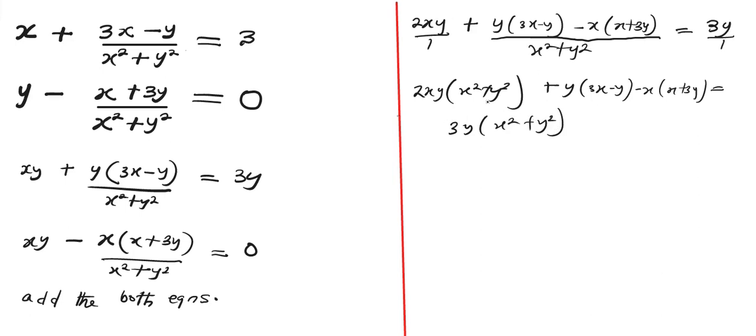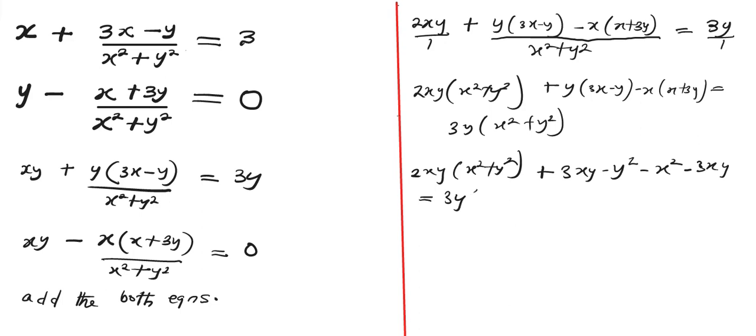The next thing is for us to combine the equations and expand the brackets, okay? So we are going to have 2xy(x squared plus y squared) plus, let's multiply this out, 3xy minus y squared minus x squared minus x times 3y, we have 3xy, so equals 3y(x squared plus y squared), okay?